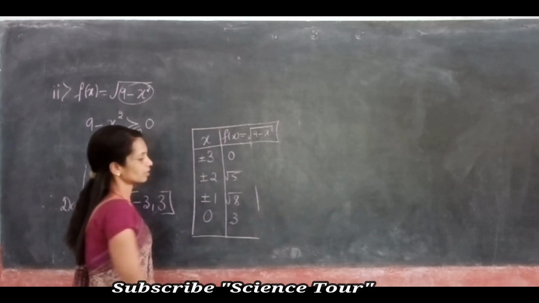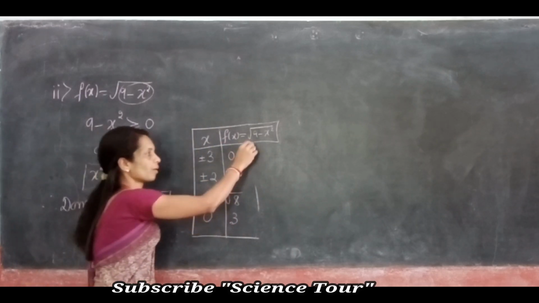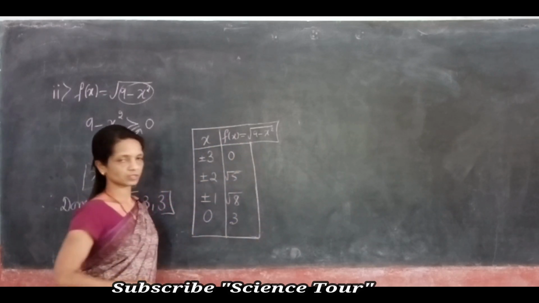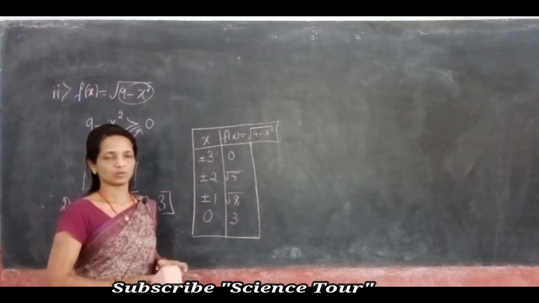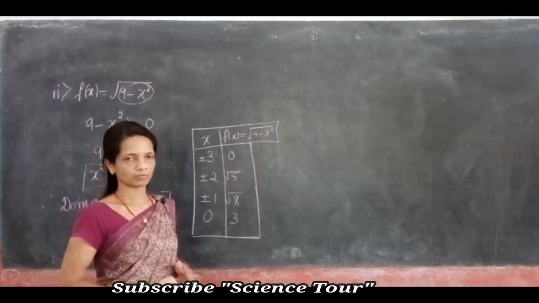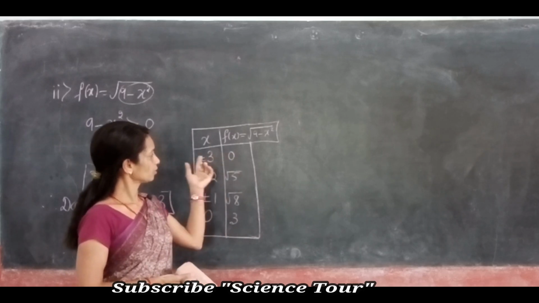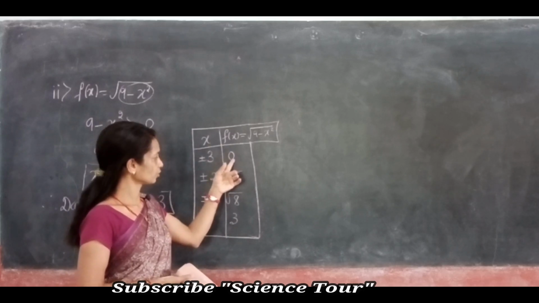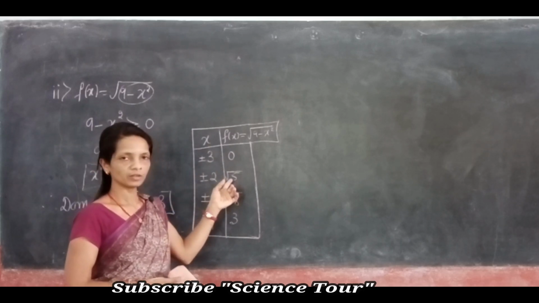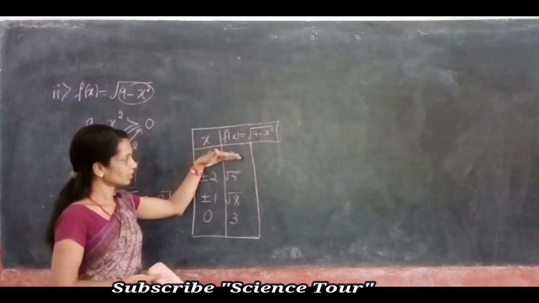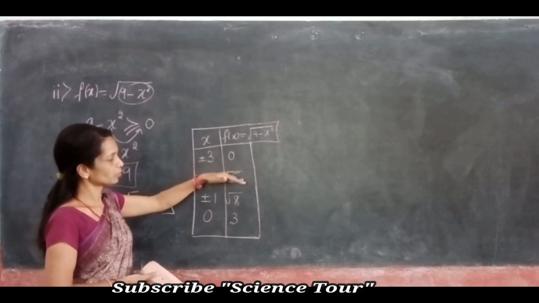Just by observing the values of f of x, we can imagine what all the possible values of f of x are. So here for plus or minus 3 you got 0, for plus or minus 2 you got root 5. The value of f of x increases from 0 to root 5.